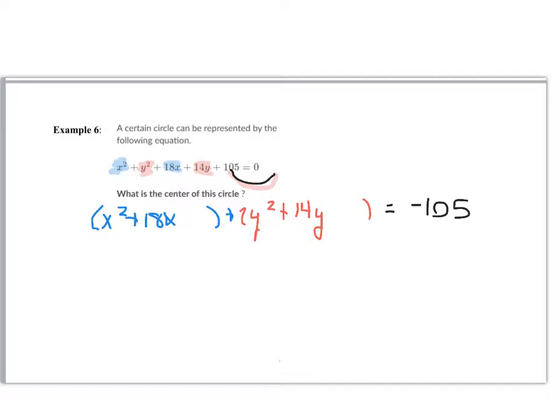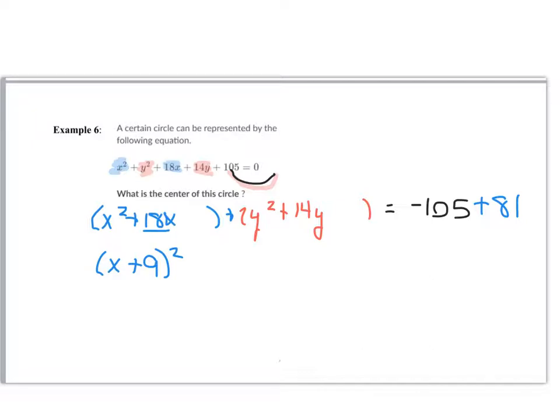Okay, so what we're going to do now is half of 18. Half of 18 is 9. 9 squared is 81. So whatever you do on the left side, you do on the right side. Remember, we can't be prejudiced, so whatever I do on the left, I have to do on the right.